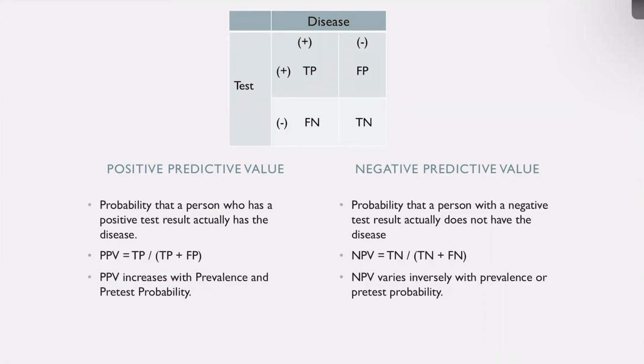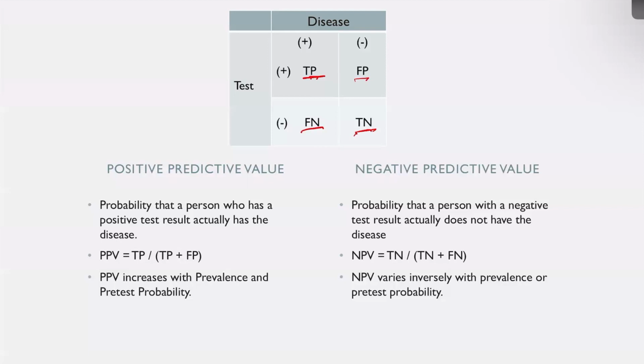But the negative predictive value is the probability that a person with a negative test result actually does not have the disease. Okay. So what is the formula? PPV is true positive upon true positive plus false positive. Whereas NPV is true negative upon true negative plus false negative.